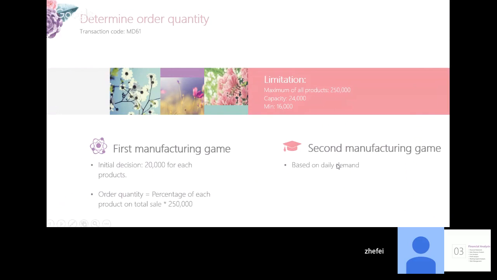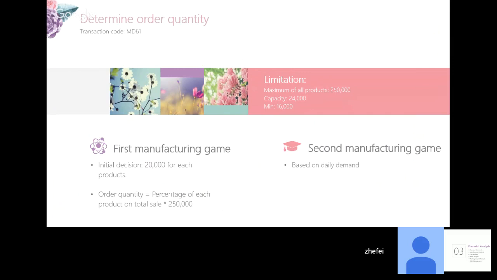However, there was a mistake during the simulation games. The calculation was not accurate. I ignored that there was a minimum of product quantities, which was 16,000. I should have changed the order quantity between 16,000 and 24,000.